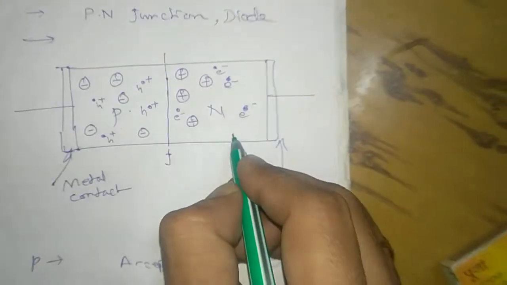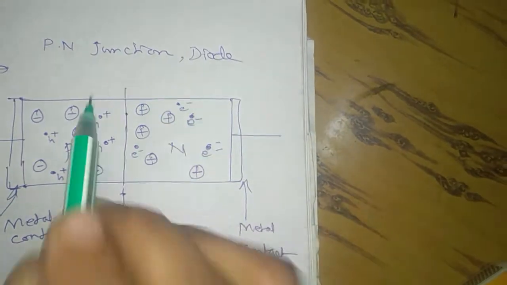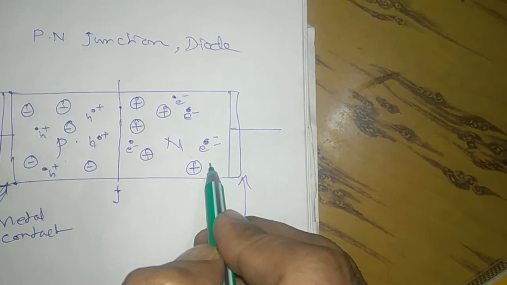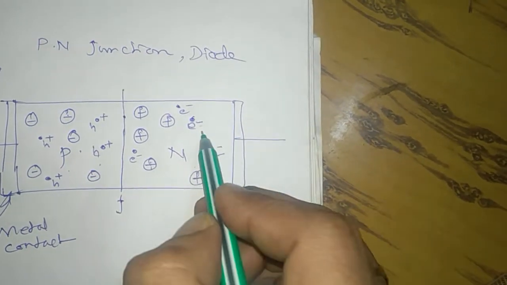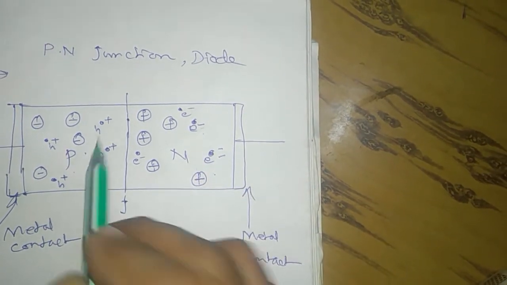Okay, so what is the charge carrier? Basically, charge carriers are only the electrons and holes. Here the minority charge carrier is the hole and the majority charge carrier is the electron; here the minority charge carrier is the electron and the majority charge carrier is the hole.